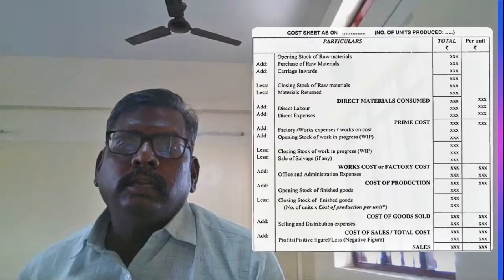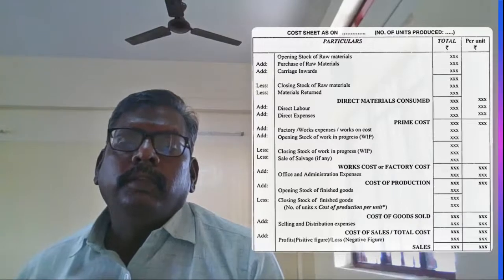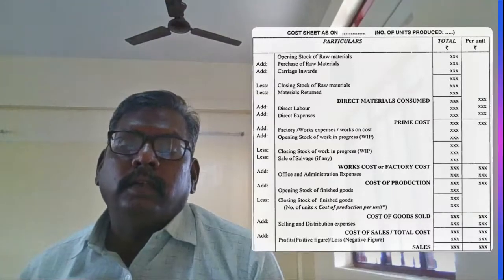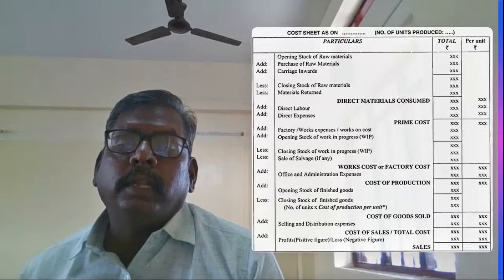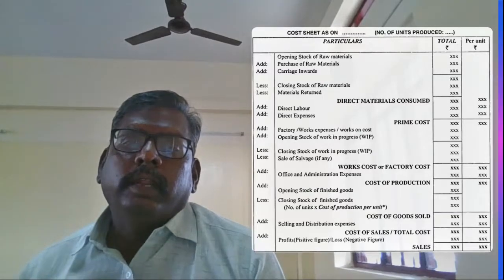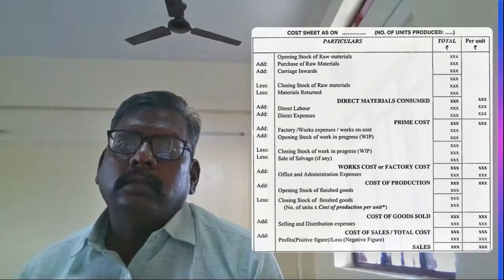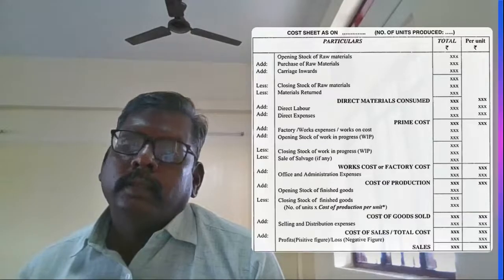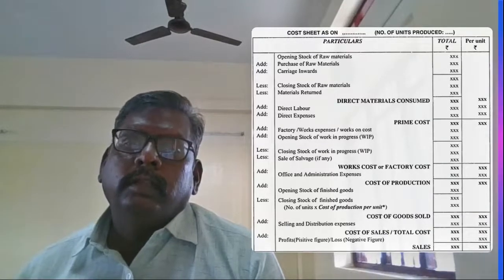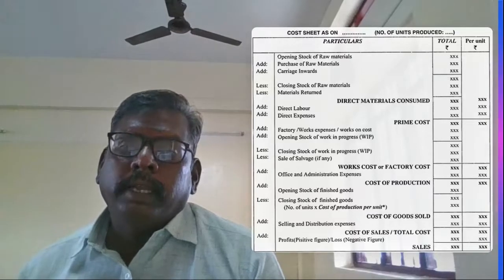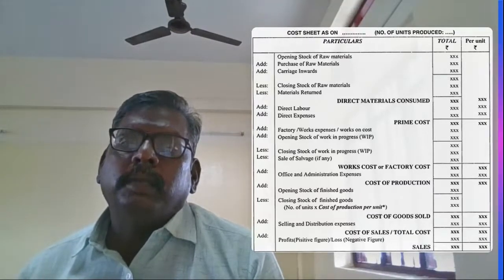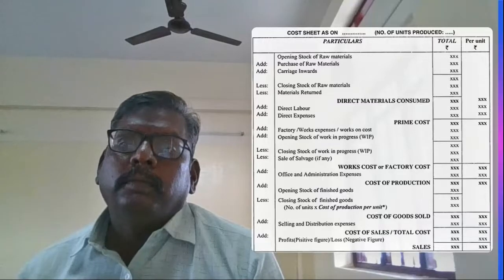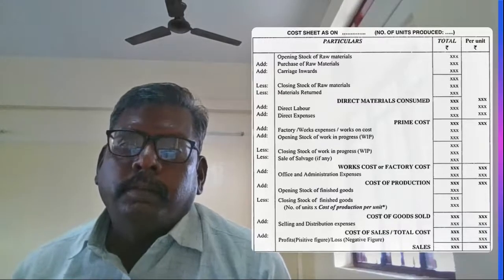Then if we know the total cost, we can easily find the profit or loss of the particular products. For example, if you are selling at some amount, from that sale amount minus total cost, if it comes out positive, that is the profit.